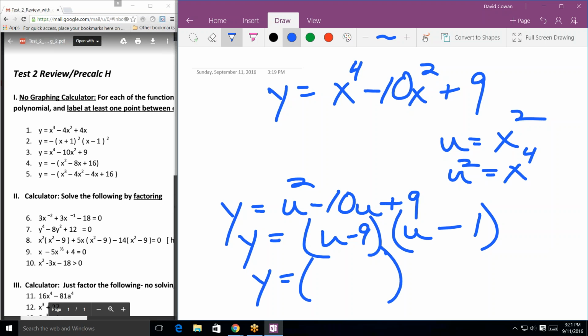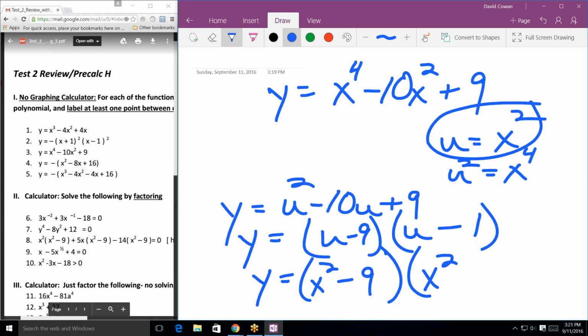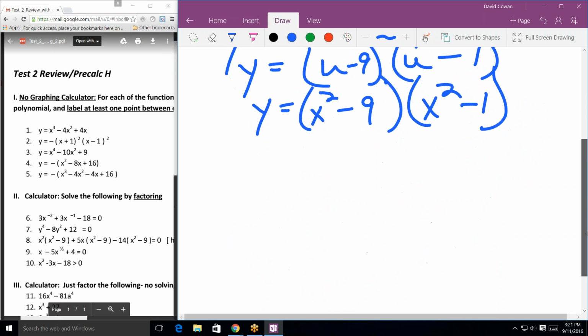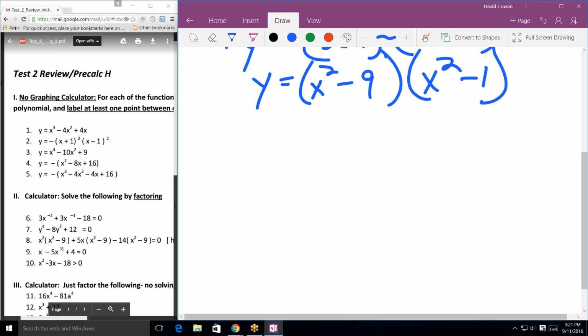It's x squared. So it's x squared minus 9 times x squared minus 1. Well, there's our answer. Well, not quite, because we can factor it further.